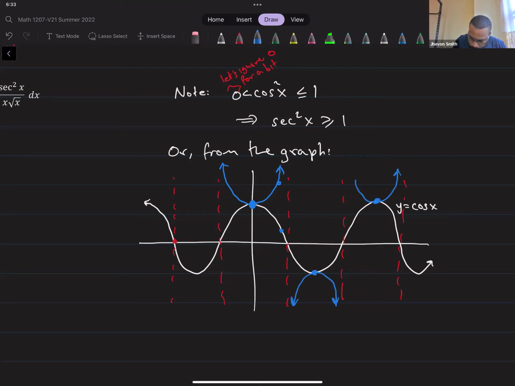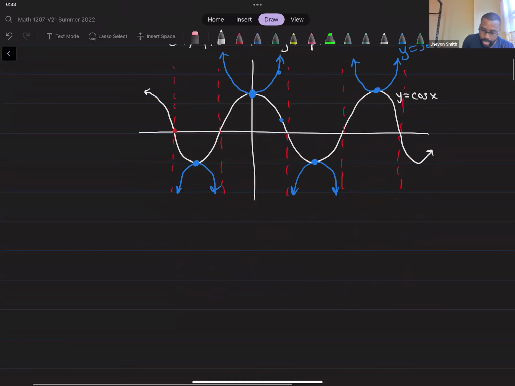Secant is either greater than or equal to 1, or less than or equal to -1. If you square that, the negative parts flip up. So your secant squared is always greater than or equal to 1.